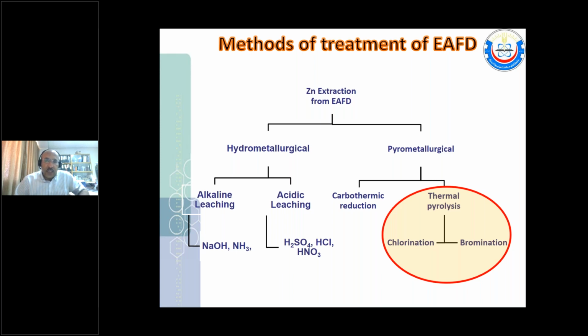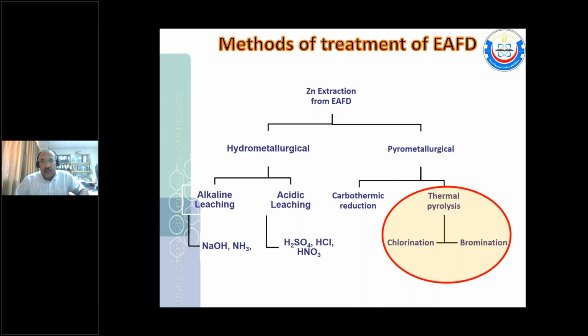For pyrometallurgical operations, the only well-established technology is the Waelz process, which is based on carbothermic reduction of the dust to produce zinc and then zinc oxide.